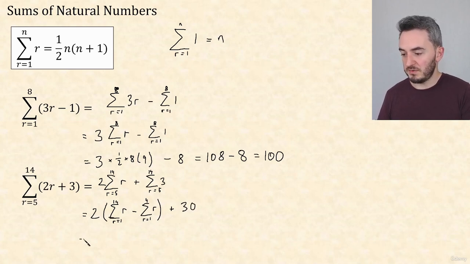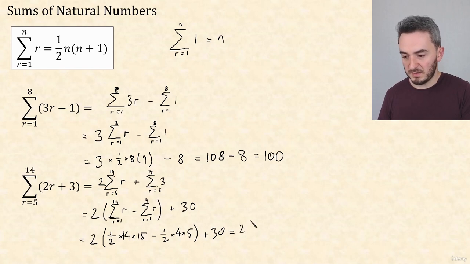So now we can work out what's going on inside the brackets down here. The sum from r equals 1 to 14 is, we just sub into our formula, half of 14 times 15, and then minus the ones we don't want, half of 4 times 5, plus 30. Evaluate these in the bracket.